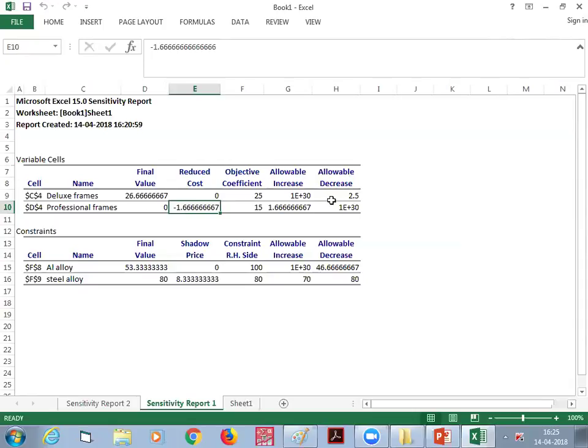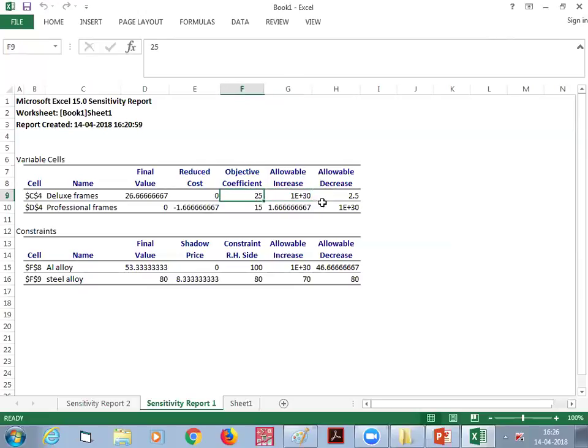And now notice, of course, the coefficient ranges changed totally. Okay, here, this one is the same. No, this one is also changed. So notice, it's totally changed. Now the allowable increase is infinity. So it's unbounded, no upper limit.